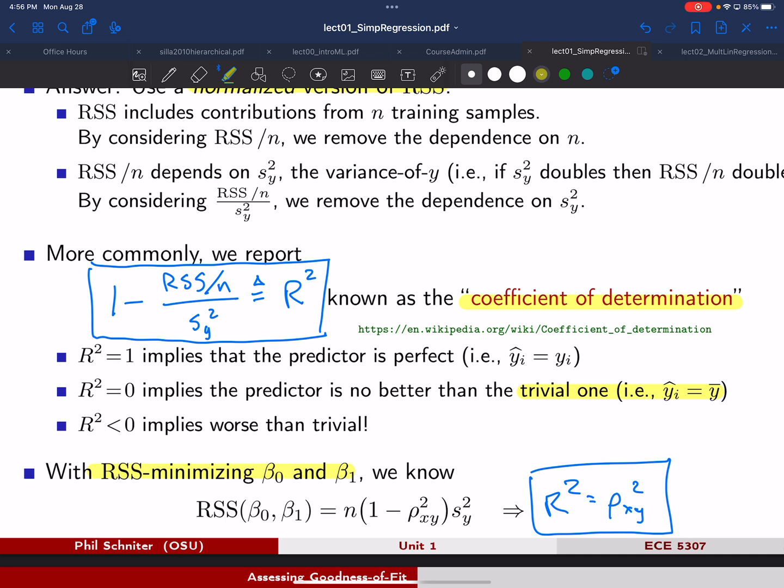So what's the worst case, the smallest R squared when we use the least squares values? How small can this get? Can it go negative?